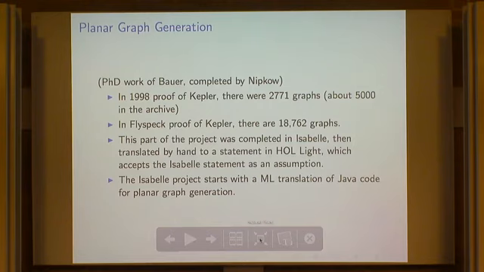In the second generation proof, the Flyspeck version of the proof, there are 18,762 graphs. You might ask, why do things get so much more difficult in second generation proof? Shouldn't things be getting easier?